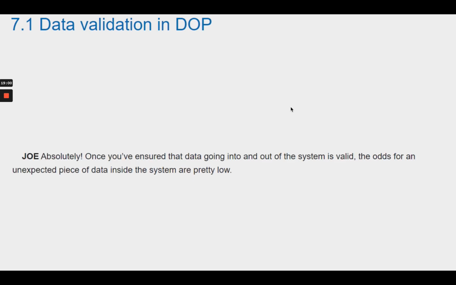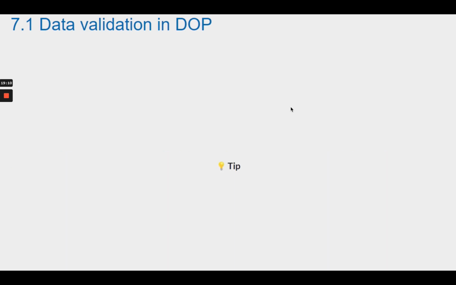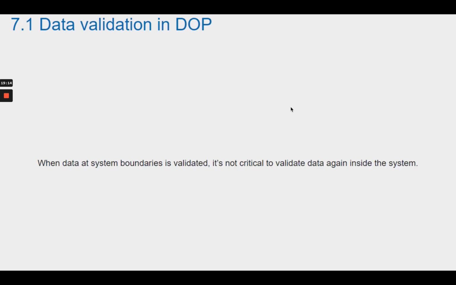Joe: Absolutely. Once you've ensured that data going into and out of the system is valid, the odds for an unexpected piece of data inside the system are pretty low. Tip: when data at system boundaries is validated, it's not crucial to validate data again inside the system.